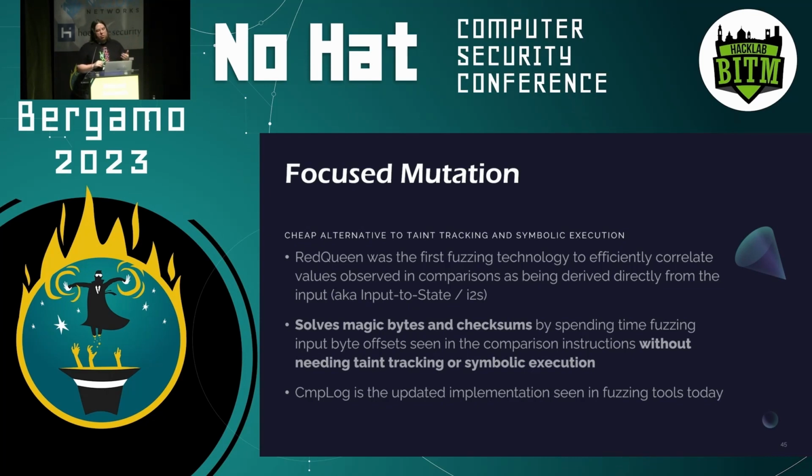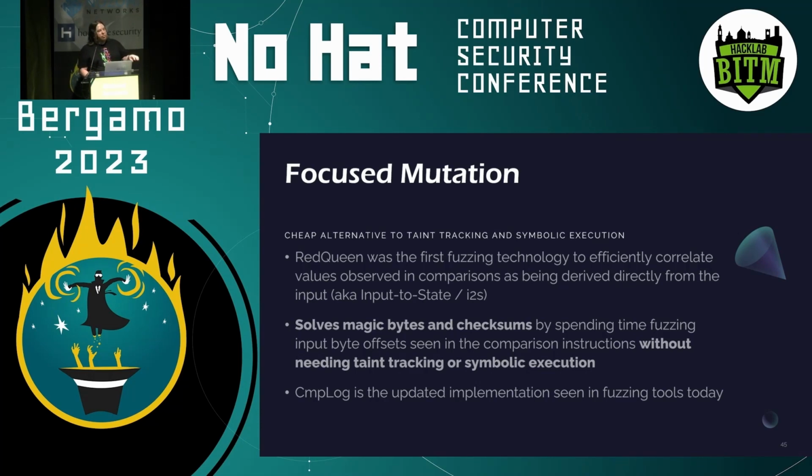Then there's also the potential ability to compile two different versions of your target. When you find that there is a constraint, or it's checking for a value to go down a code path, you can spin off a second execution that is basically going to modify every byte of your input and determine whether or not that led to a change in the comparison value that's in the code currently.